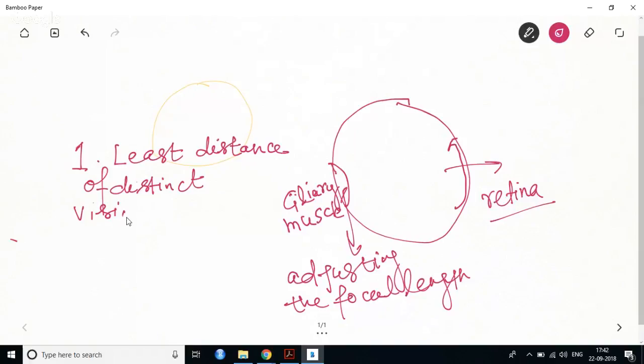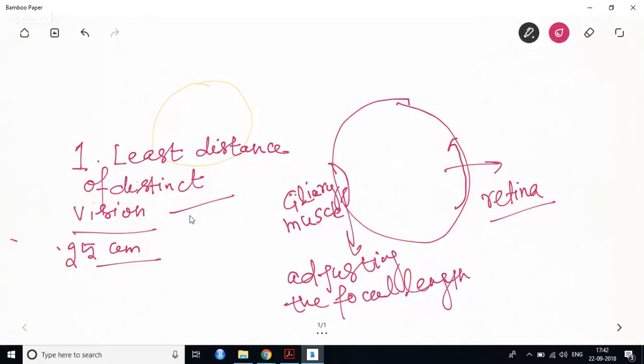Generally for a normal eye this is 25 centimeter. What do I mean by least distance of distinct vision? This is the minimum distance at which any object can be seen distinctly without any strain to your eyes.